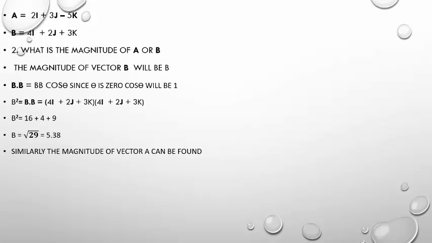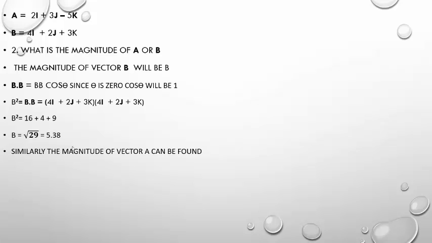So if I take my scalar to be B dot B, which is equal to the magnitude of B times the magnitude of B times cos of the angle between them.